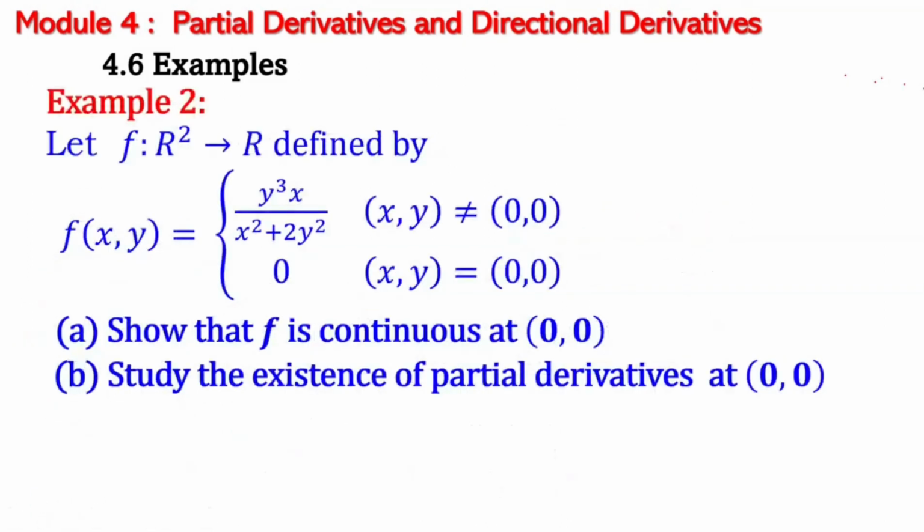Now we move to example 2, and here we have a similar kind of function. This is the expression when (x,y) is not equal to (0,0) and 0 when (x,y) is equal to (0,0). Again, we have to show that f is continuous, and then we have to discuss the existence of partial derivatives at 0.